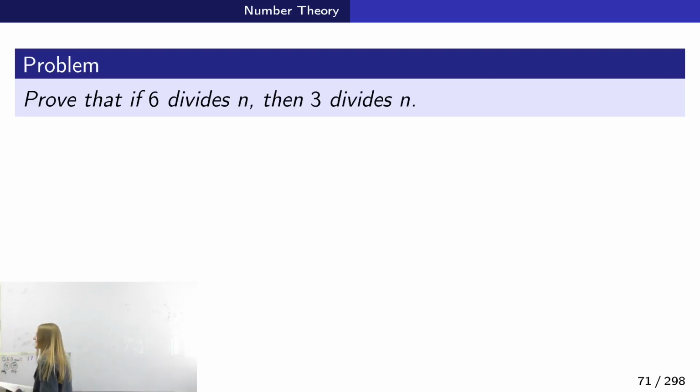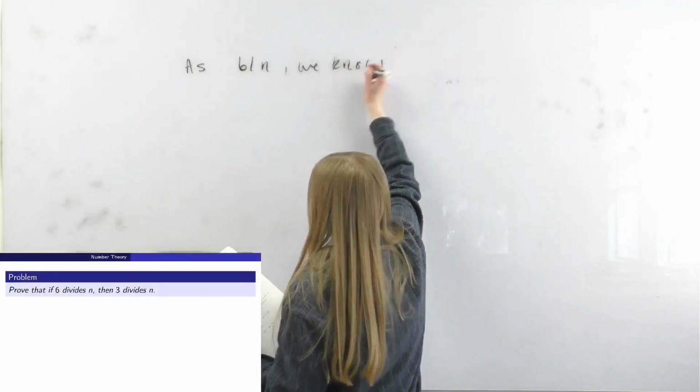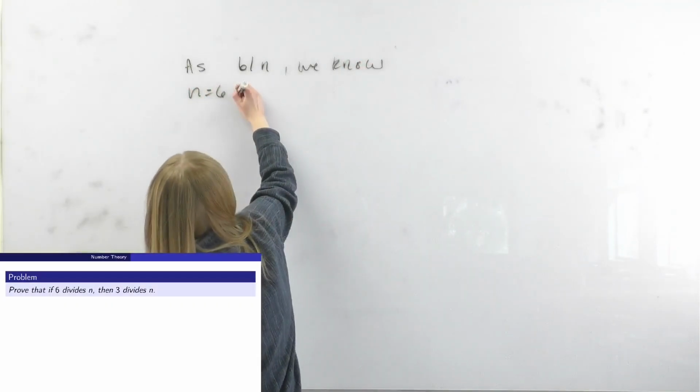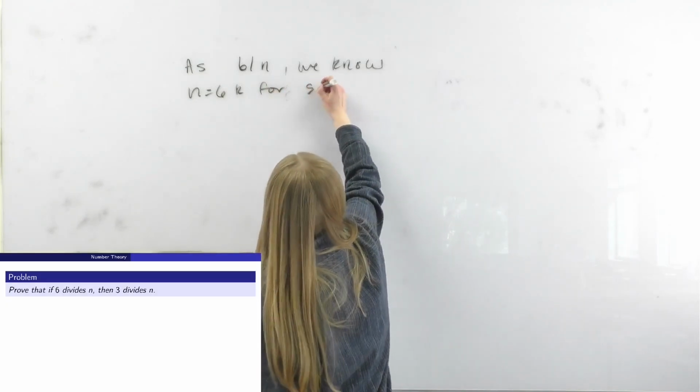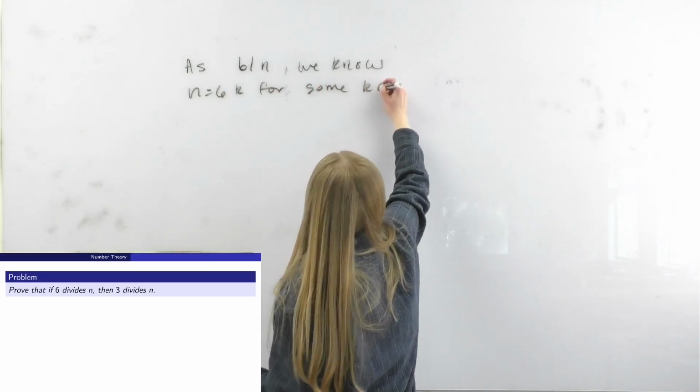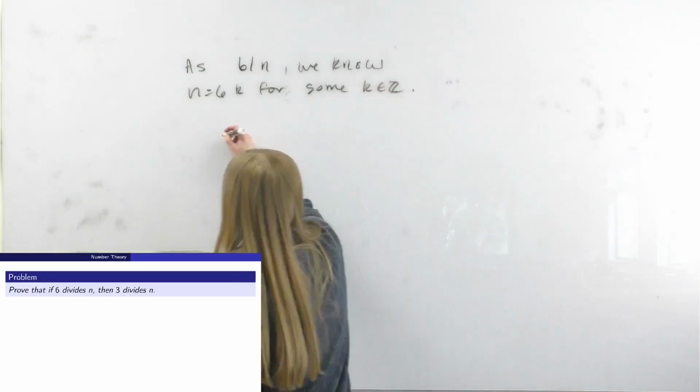Okay, next one, another easy proof. If 6 divides n, then 3 divides n. Okay, as 6 divides n, we know n is equal to 6k for some k in Z, right?